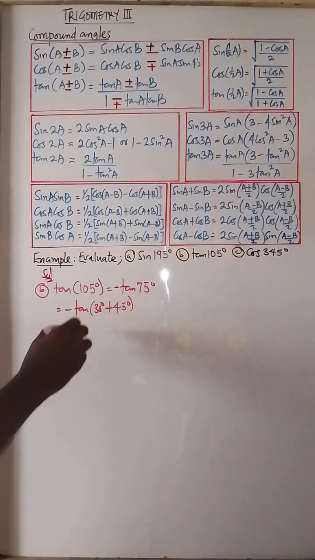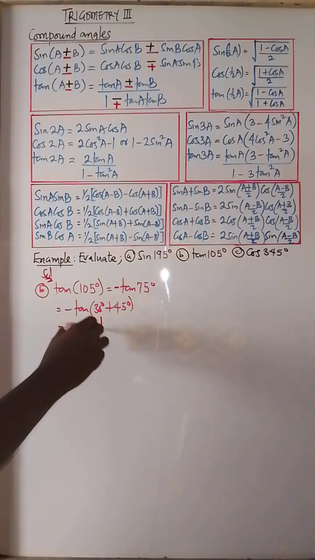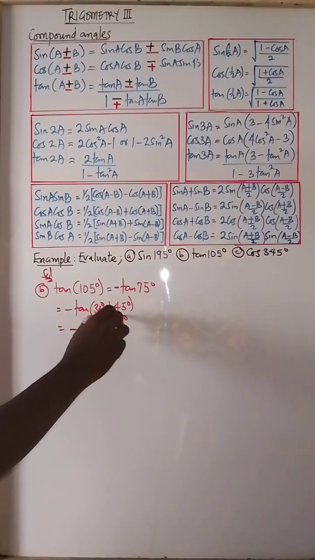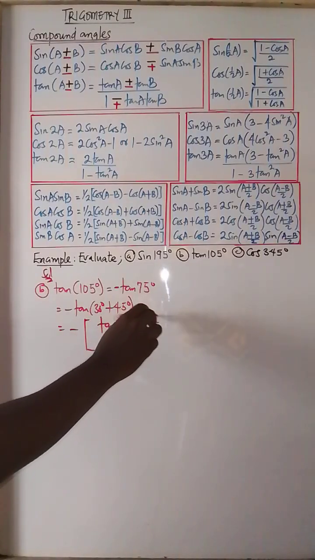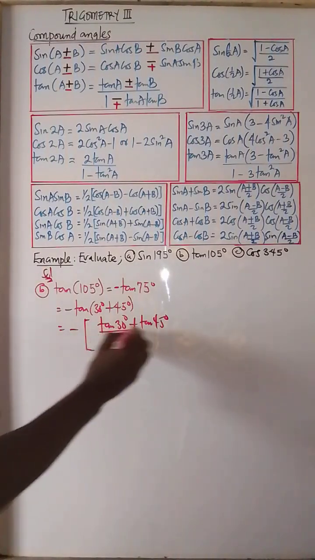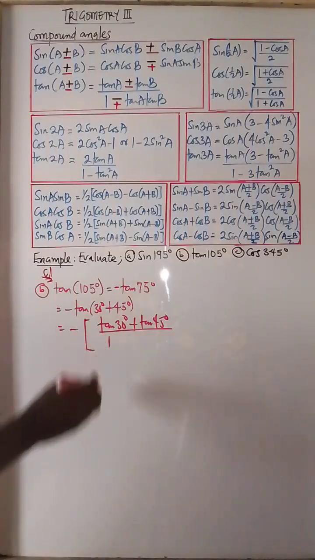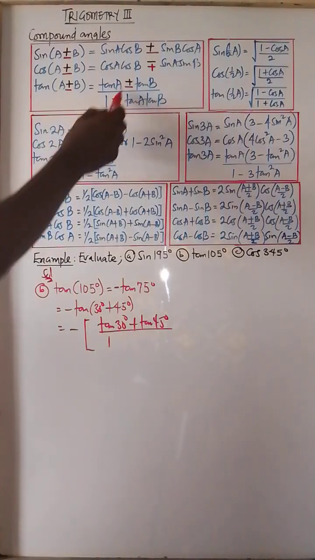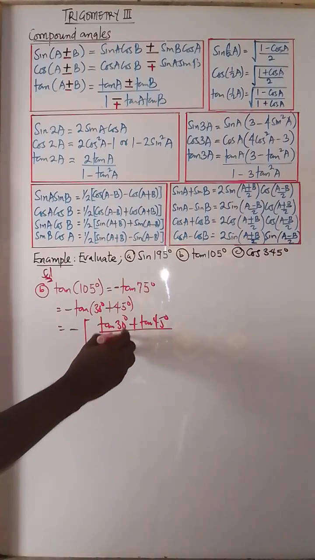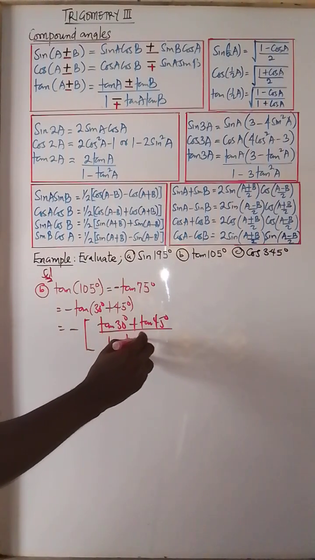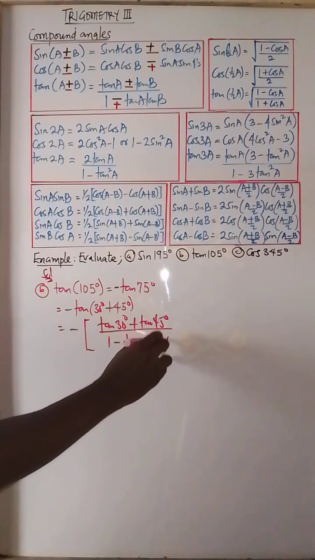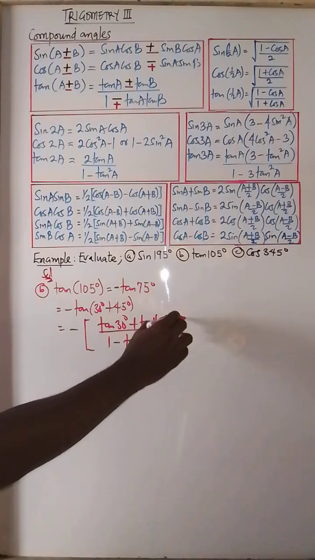This is negative, so you can bring the negative out. Tan A 30 plus tan B 45, divided by 1 minus tan 30 times tan 45.